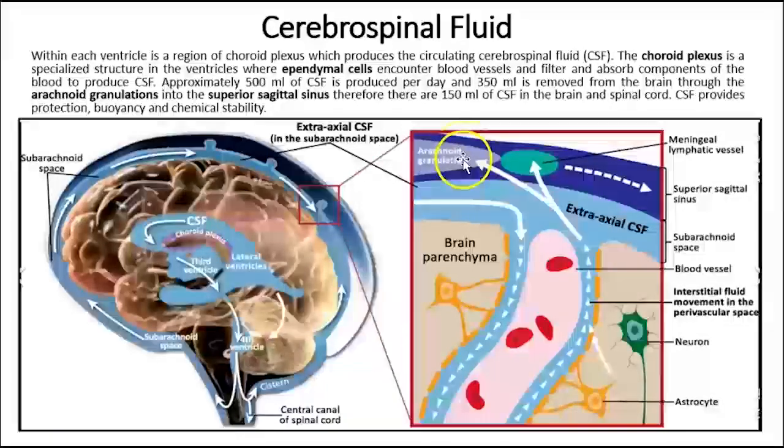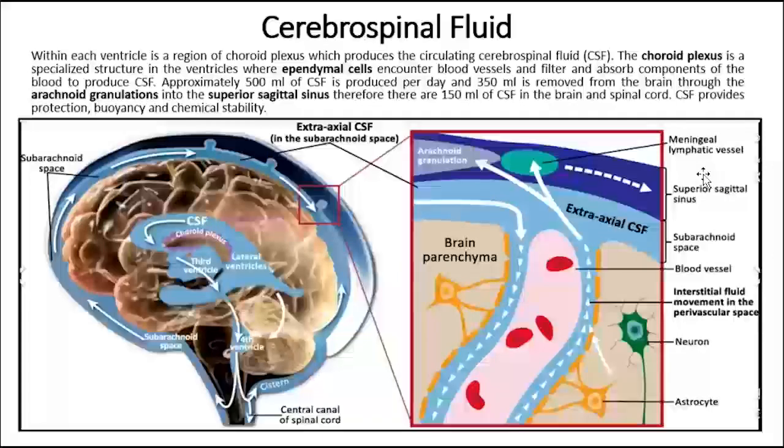So this fluid comes down right here, and as I said, through the lateral apertures, it will come out and bathe the brain. It gets reabsorbed through the arachnoid villi, into the superior sagittal sinus, that eventually is going to dump all that fluid into the systemic circulation.